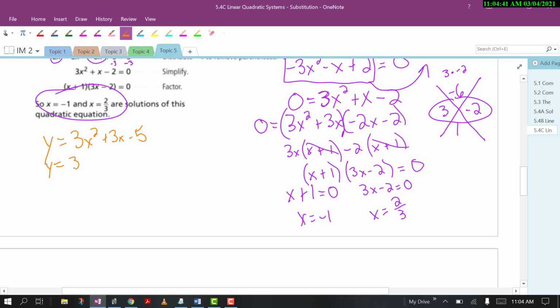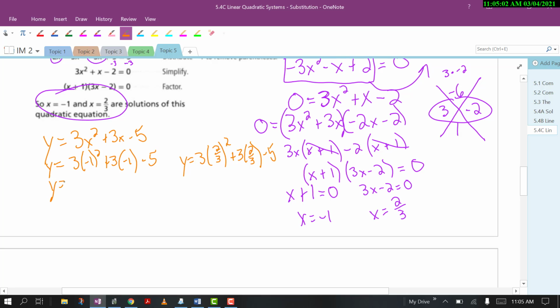So y equals 3 times negative 1 squared plus 3 times negative 1 minus 5. And y equals 3 times 2/3 squared, kind of ugly, plus 3 times 2/3 minus 5.